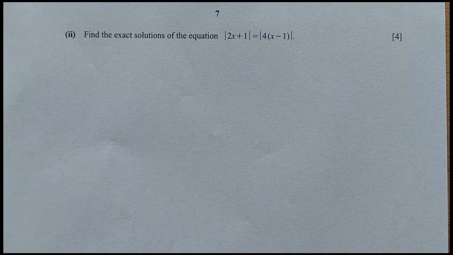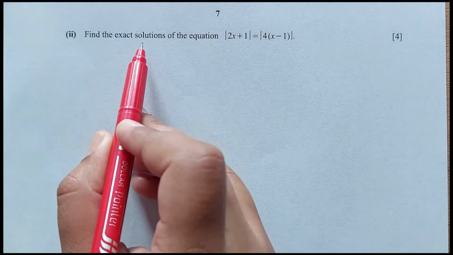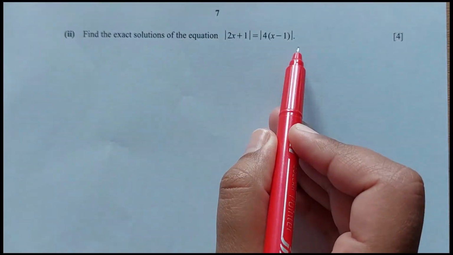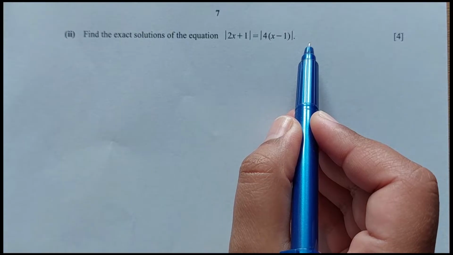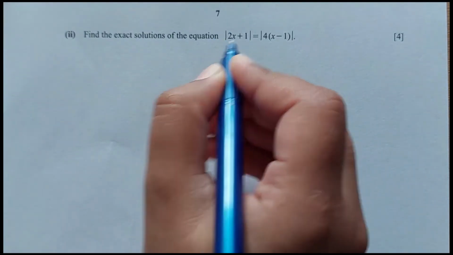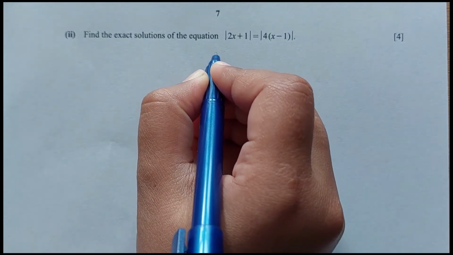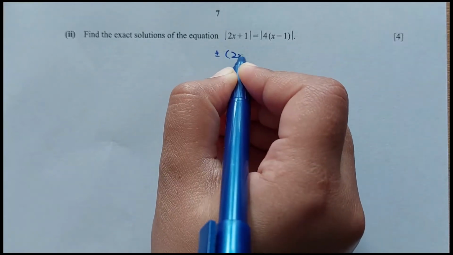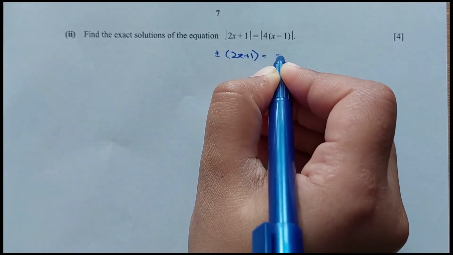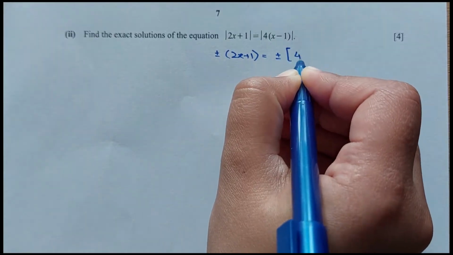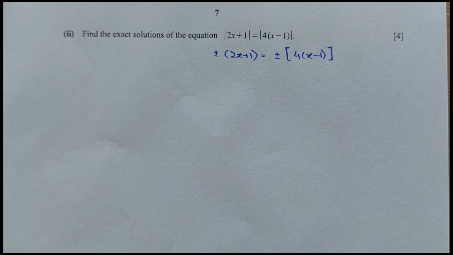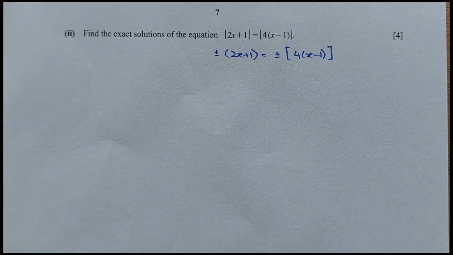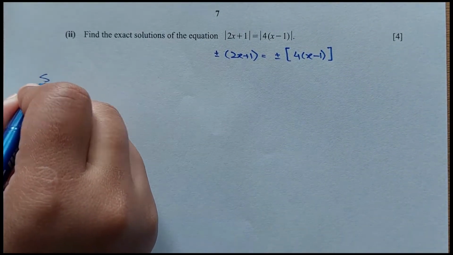Question: okay, now for part 2, find the exact solutions of this equation. Whenever we simplify an absolute value equation, when we open the absolute value, we have plus minus (2x plus 1) and plus minus 4 into (x minus 1), right? Now to get rid of this plus minus, I want to square both sides.